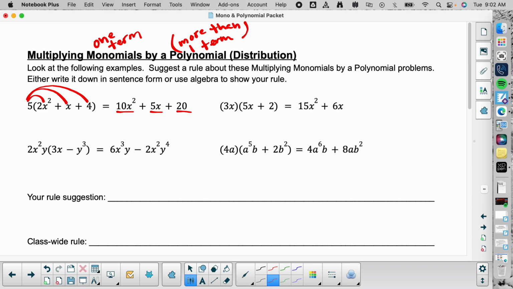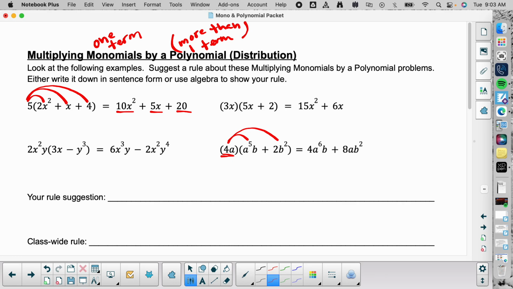Let's go to the fourth one here, because that's got more parts. So you've got 4A in the front, so one thing. And then that 4A is going to be taken times both the others, and we're going to get two completely separate little problems with two separate little answers.